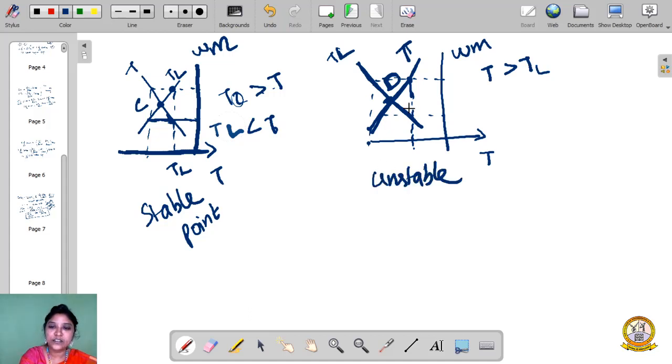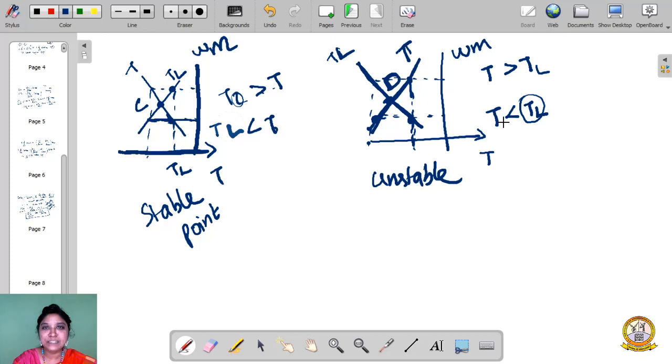Now if we decrease the speed, what happens? T is less than the load torque, that is, the load torque is more than the motor torque.